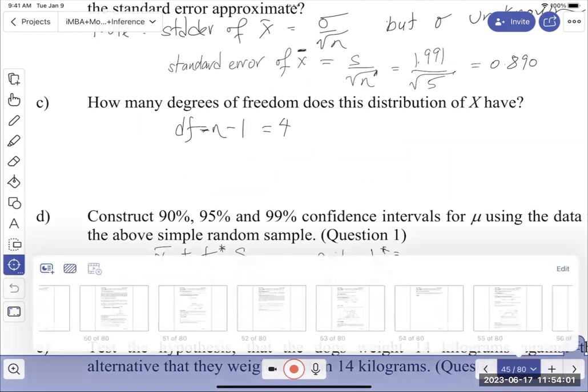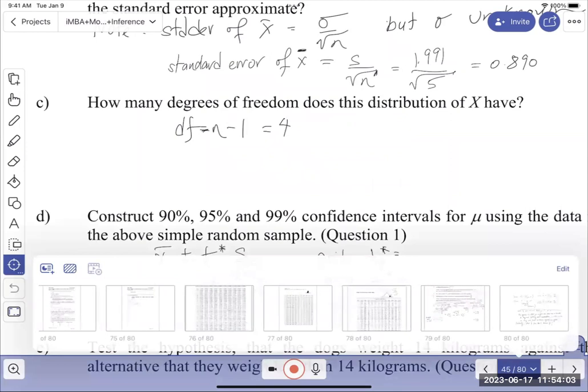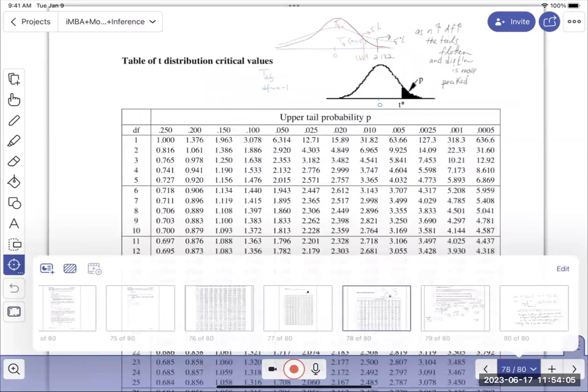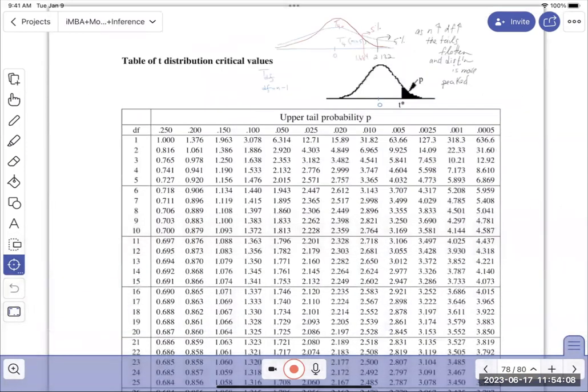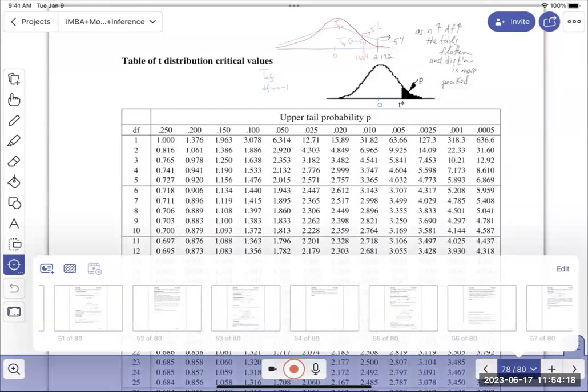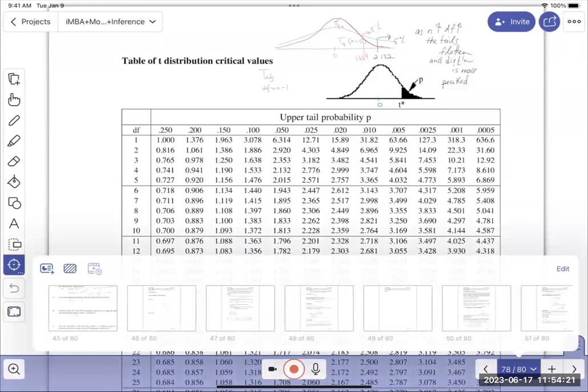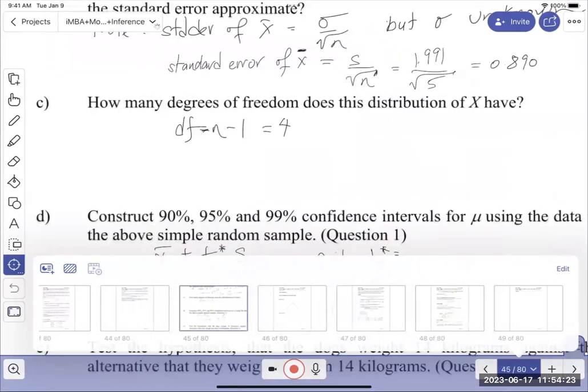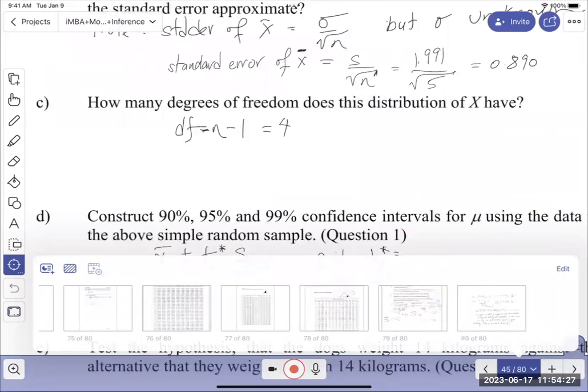I don't know if that matters to you, but it helps me. So what I'm talking about is in this table, we want to work with T4. And I want 90, 95, and 99, okay? Those are all in the T table.